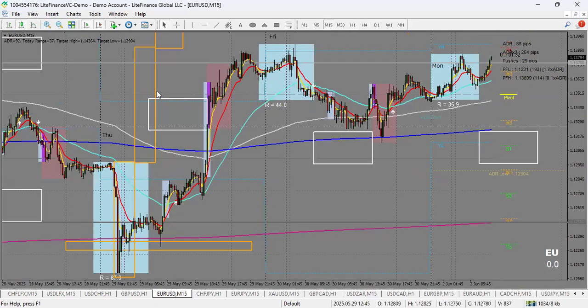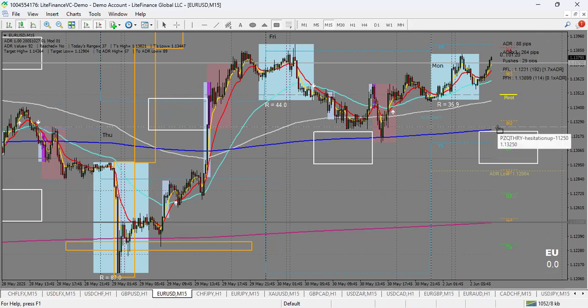So what is our anticipation here? The M2 pivot is around the hesitation zone and the 800 EMA, but this is also the low of the London session on Friday, so this is also a session low.